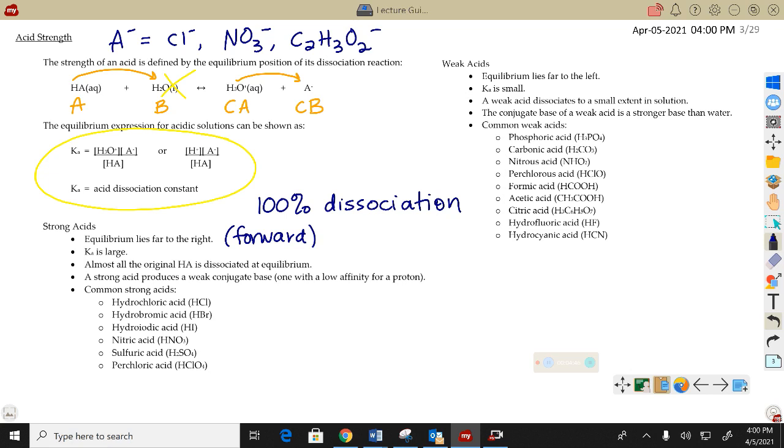A good example of a strong acid is something like hydrochloric acid. Now you might see it written like HCl plus water, and I'll put the double-sided arrow in for this one, forming the chloride ion and H3O plus, where the hydrogen is going to be donated to the water.